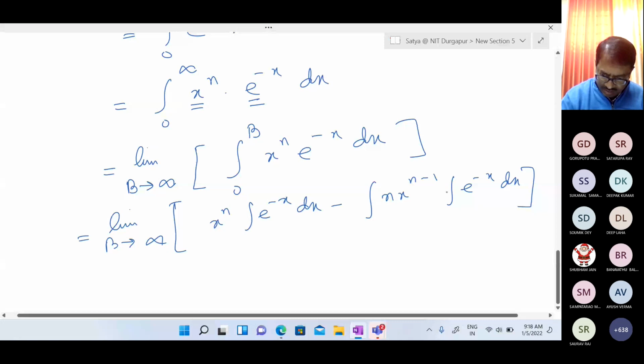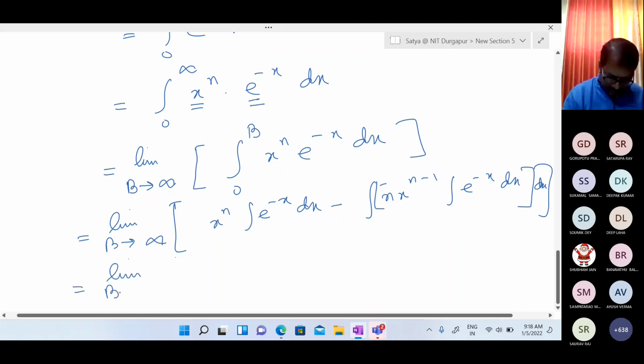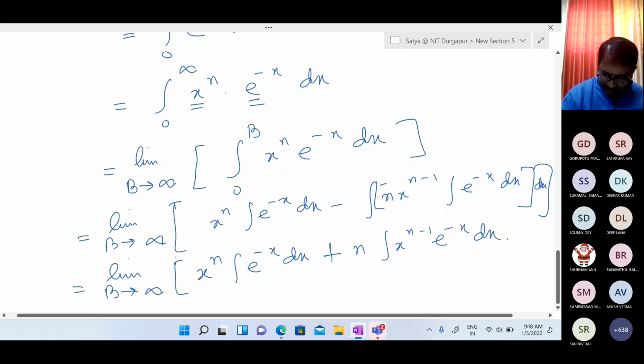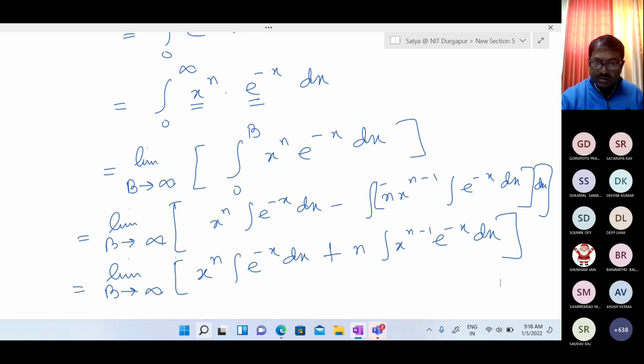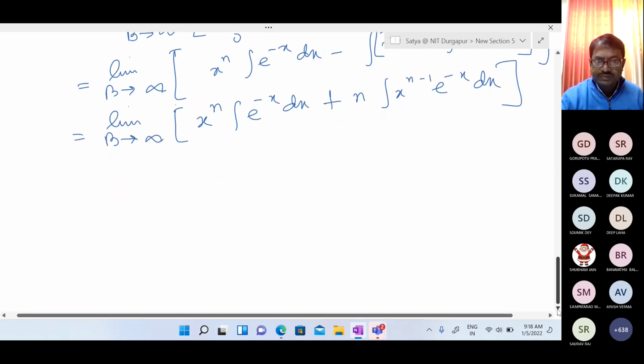So this equals the limit of x to the power n times the integration of e to the power minus x dx, minus, with the minus sign going to a plus, n times the integration over x to the power n minus 1 e to the power minus x dx. We are getting this, and we can integrate this portion. Anyway, we write another step.